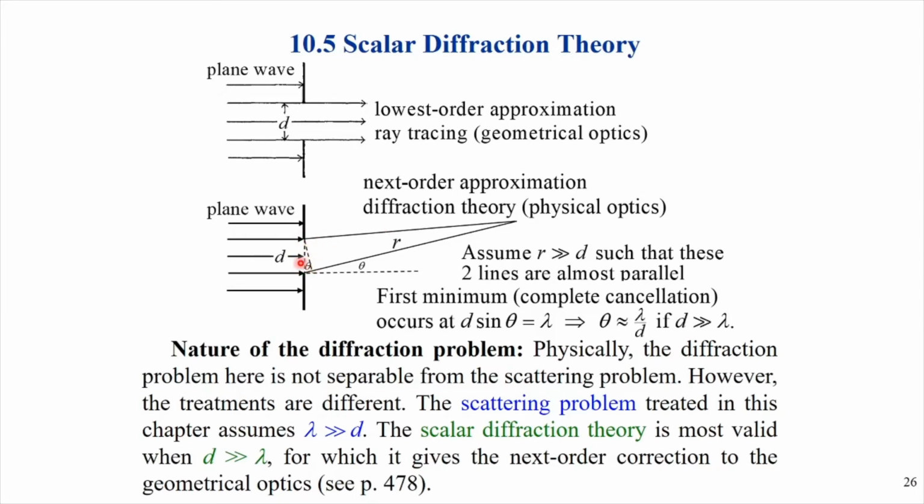So D is much, much greater than lambda. But remember, in previous sections, we always assumed lambda is greater than D. So that's the major difference. Let me explain that again.